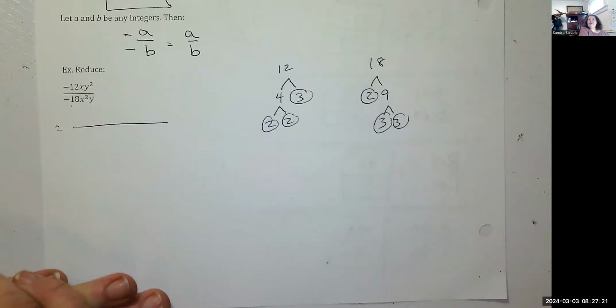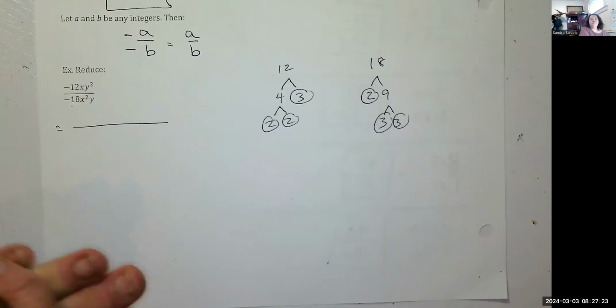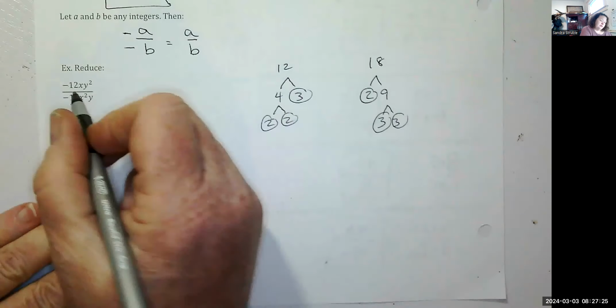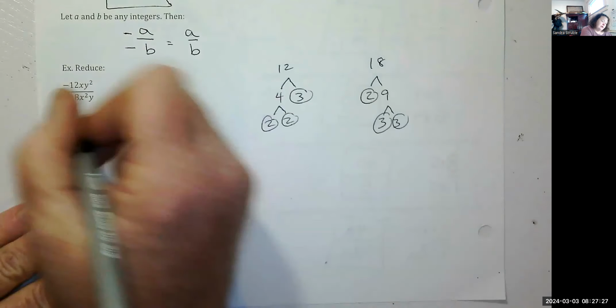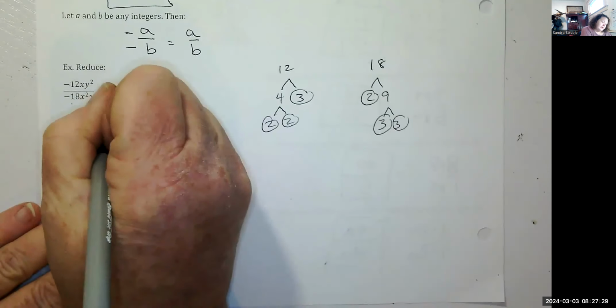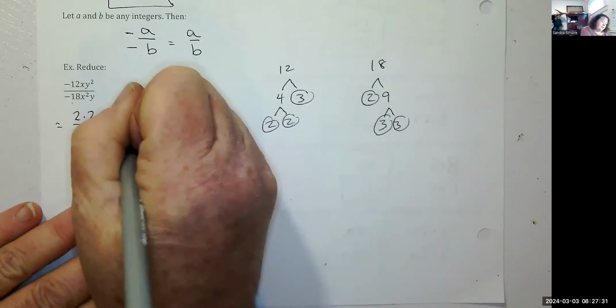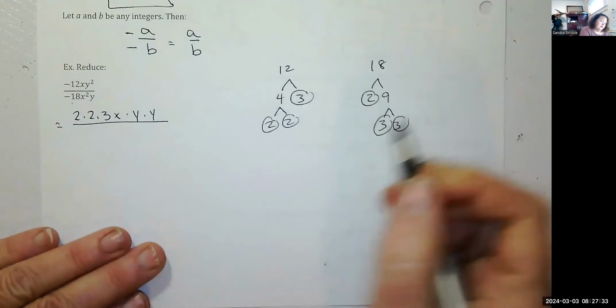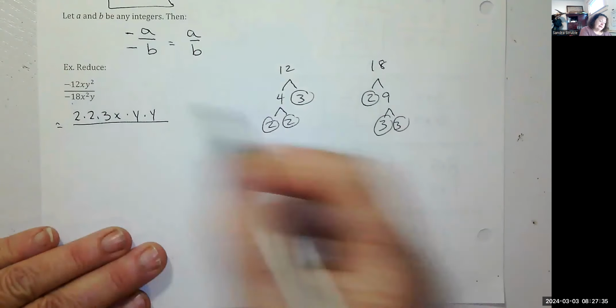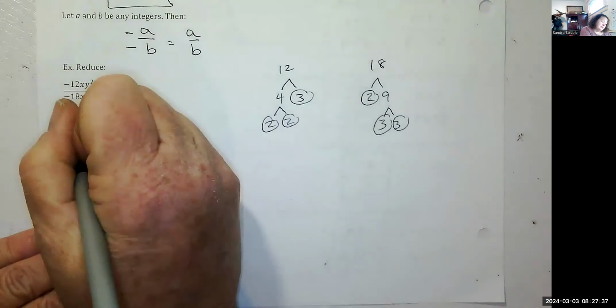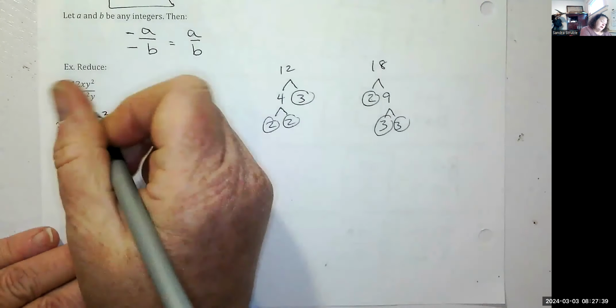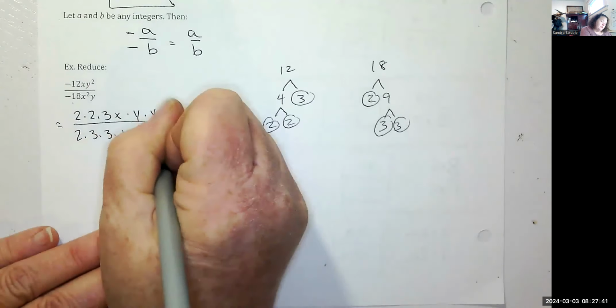I'm done with those negative signs right now. The 12 is made up of 2 times 2 times 3, an x, and 2 y's up there. The denominator has 18, which is 2 times 3 times 3, 2 x's, and a y.